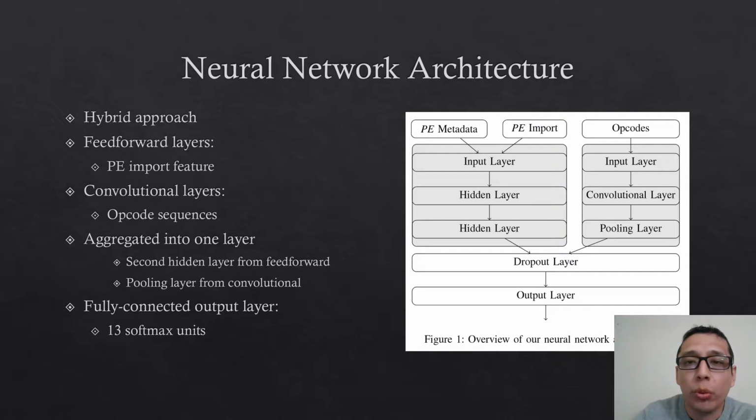The convolutional network learns the semantics of the instruction usage patterns to identify benign and malicious. The second hidden layer from the feed-forward neural network and the pooling layer from the convolutional neural network are aggregated into one layer. Then a fully connected layer of 13 softmax units is used to generate the final classification output.